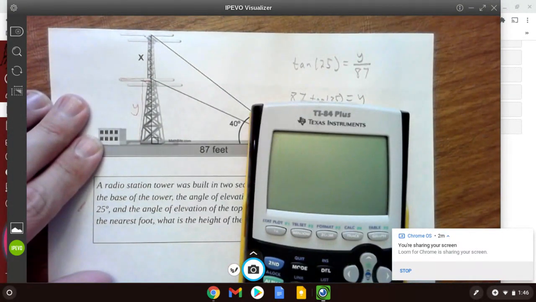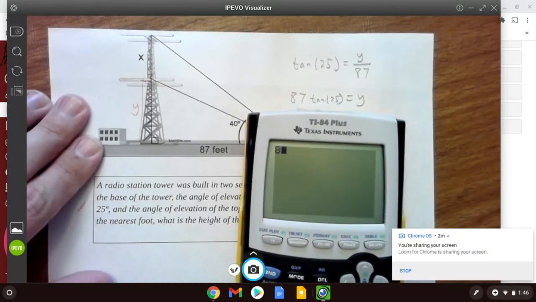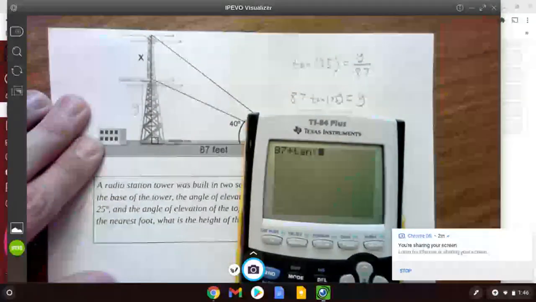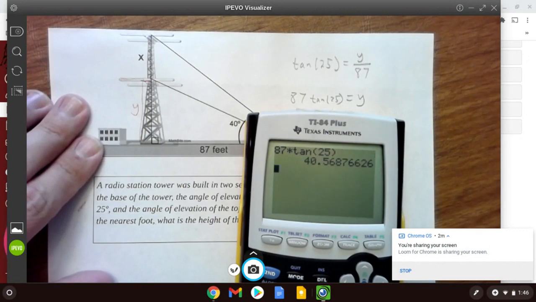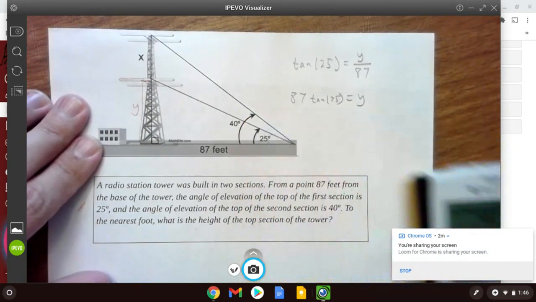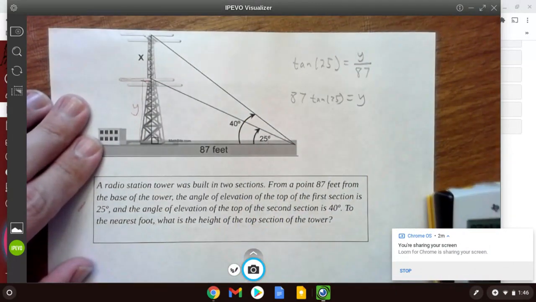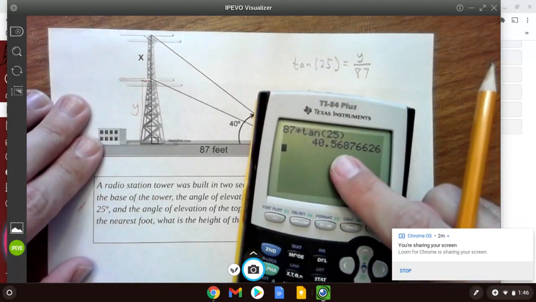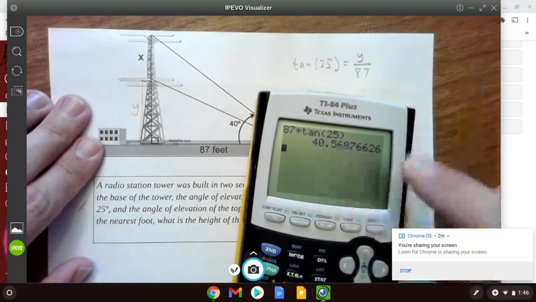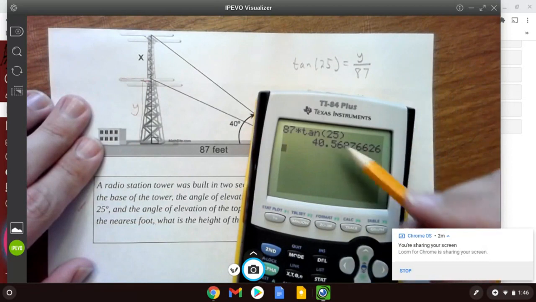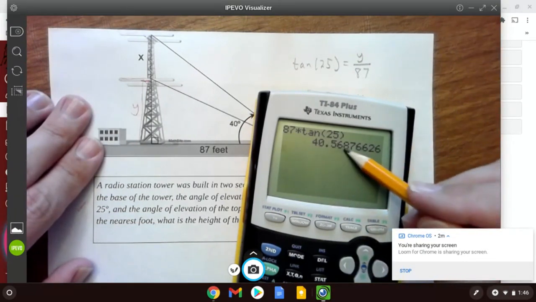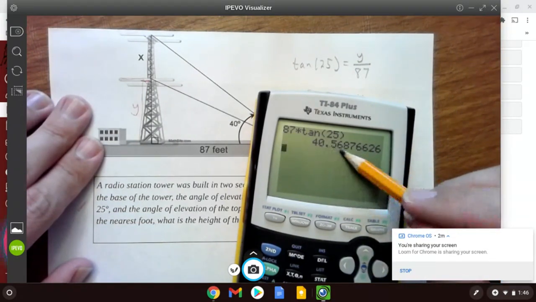Let's calculate that. 87 times tangent of 25. What is the height to the nearest foot? Let's just round this up to 41. No, let's actually do it. For this answer, let's keep a couple of decimal places. So 40.57.